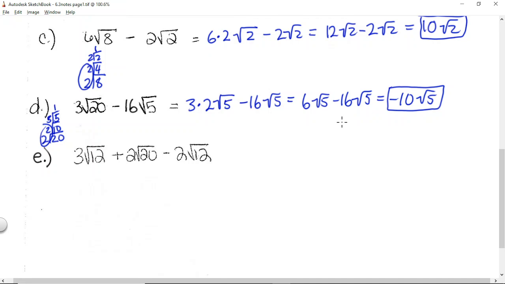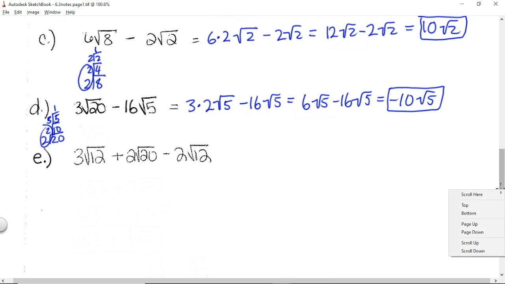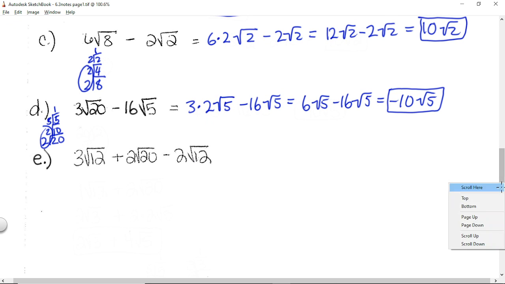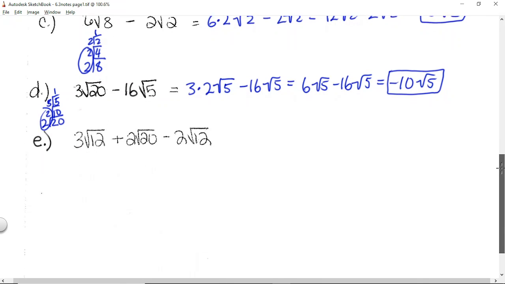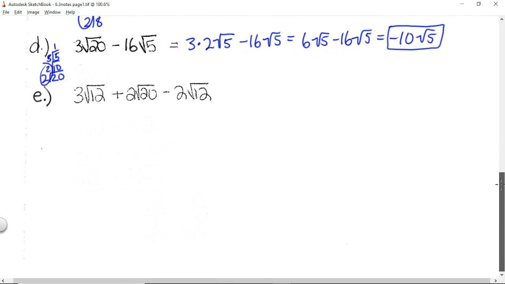Okay, so one more example with adding and subtracting. And this one has 3 terms altogether. Now we can go ahead and simplify the 3 times the square root of 12 minus 2 times the square root of 12.